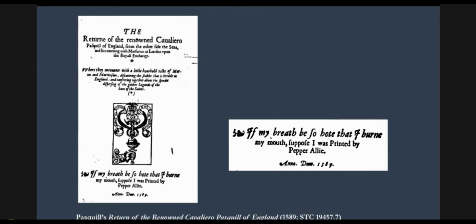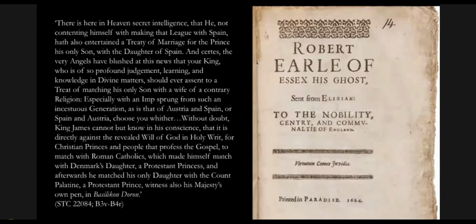The Protestant polemicist Thomas Scott wrote a pamphlet called Robert, Earl of Essex, His Ghost, which offers a call to arms through the person, or more properly ghost, of Robert Devereux, 2nd Earl of Essex. Essex had been executed in 1601, but his reputation had undergone something of a resurgence by the 1620s.